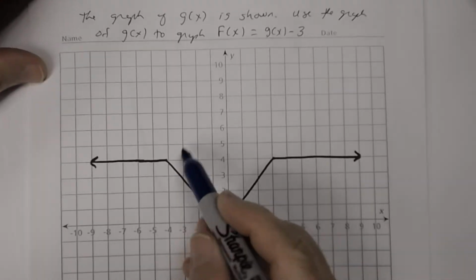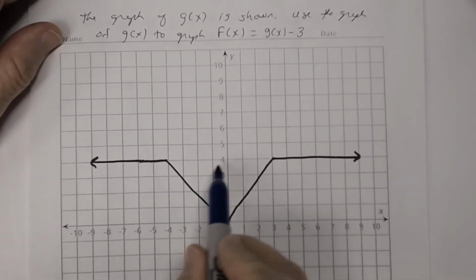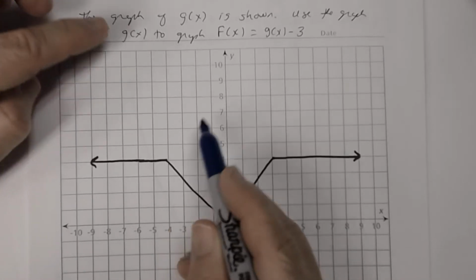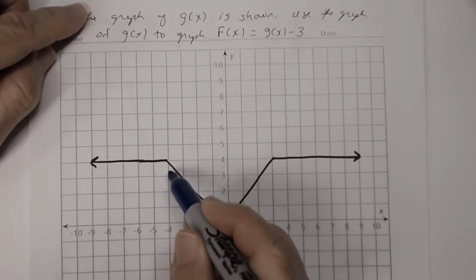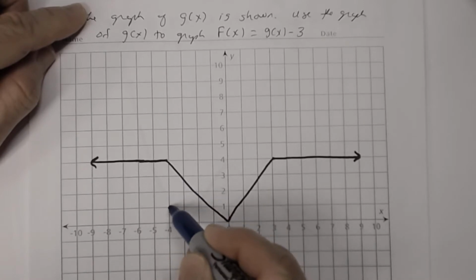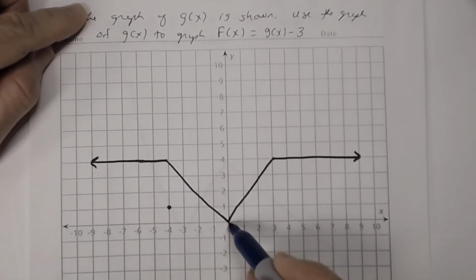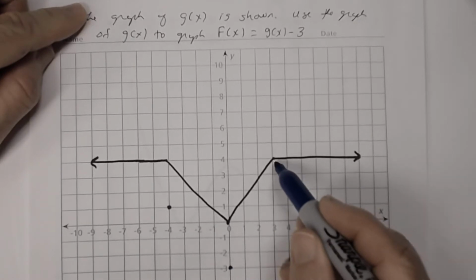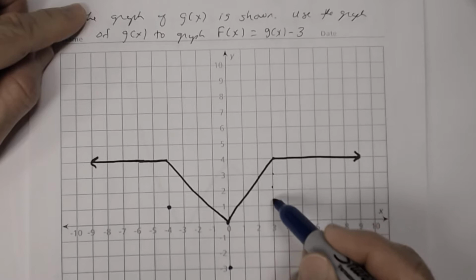We get the point negative 4, 4. When I shift it down 3 units, I get 1, 2, 3 right here. Then shift this one down 3 units, 1, 2, 3. Then shift this down 3 units, 1, 2, 3, and you're done.